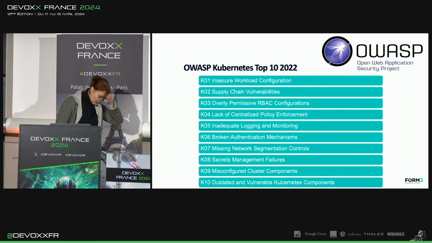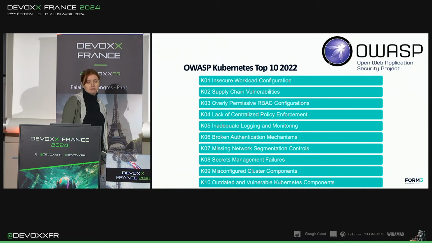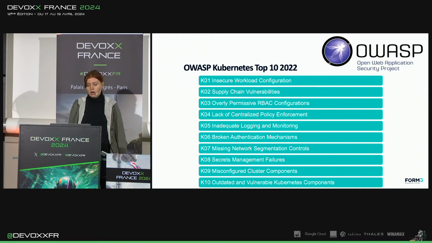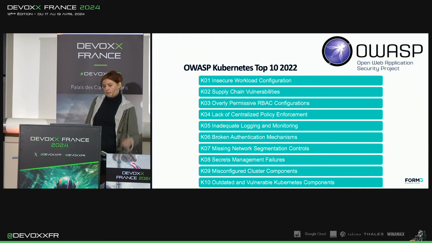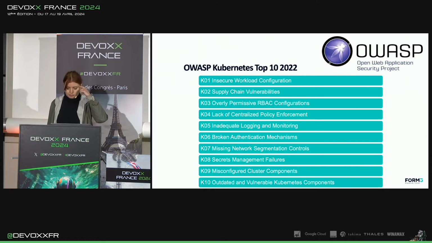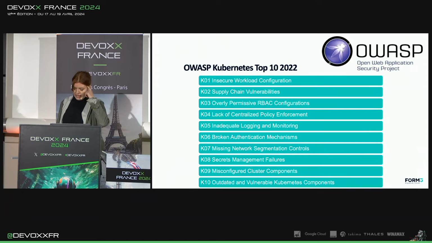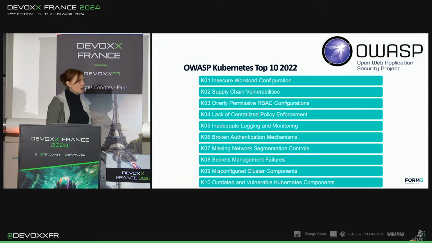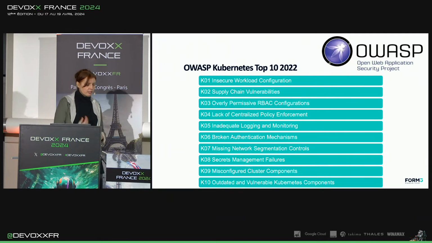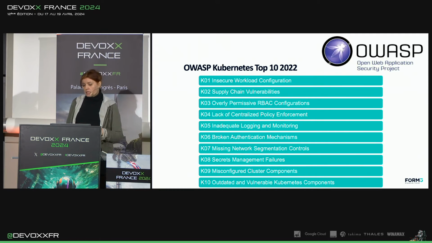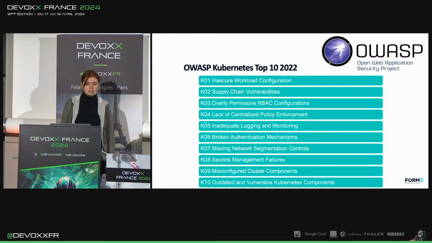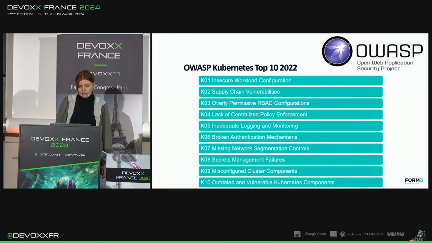Another take on security risks for Kubernetes was done in 2022 by OWASP. OWASP is this very famous non-profit organization which aims at increasing security awareness among developers. And they publish those top 10 lists every couple of years for different technologies. For the very first time in 2022, they published this list for Kubernetes.